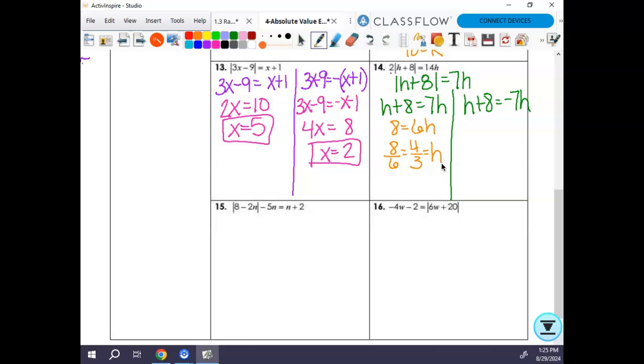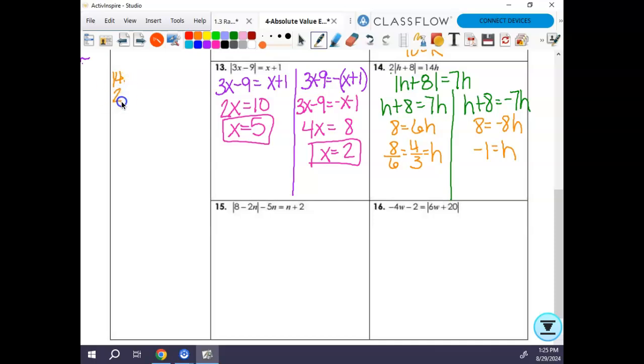And then I have this negative 7h, so I'm going to subtract h from both sides. So 8 equals negative 8h. So negative 1 equals h. Then we're going to check ourselves. Okay, so because this is a fraction, maybe we want to write some stuff down, and we can do it over here because I know there's not a lot of room over there.